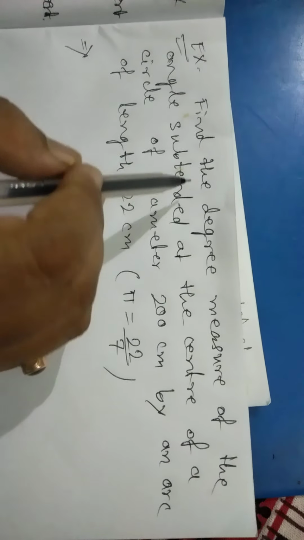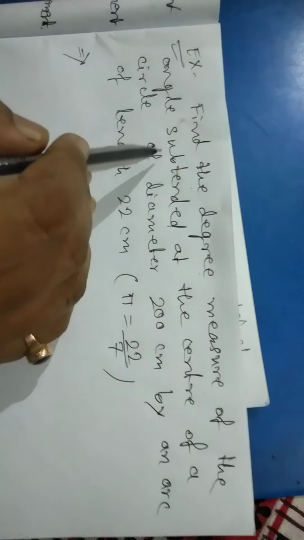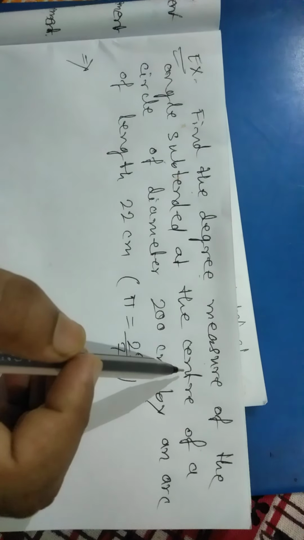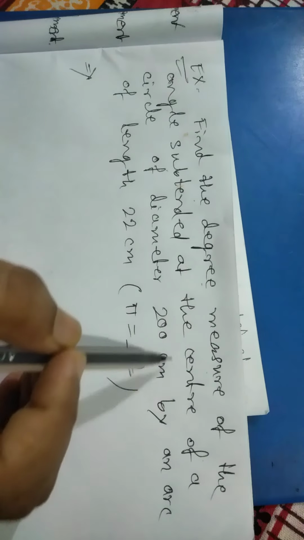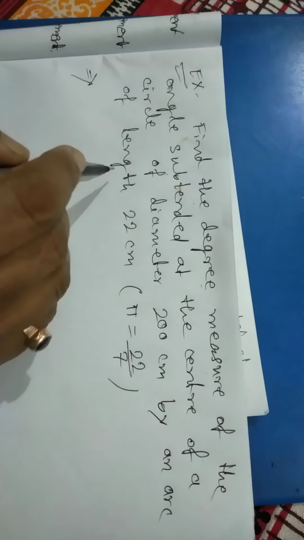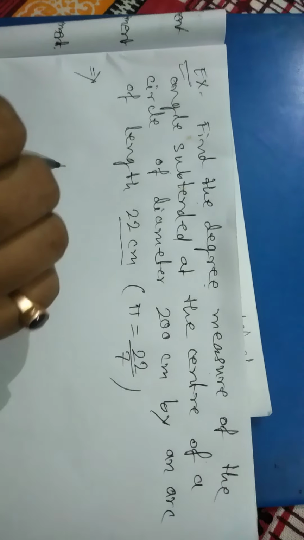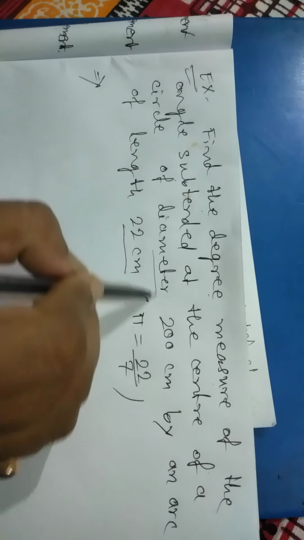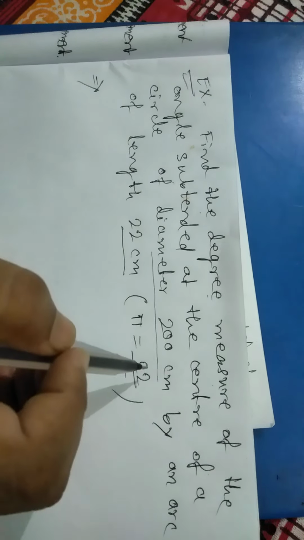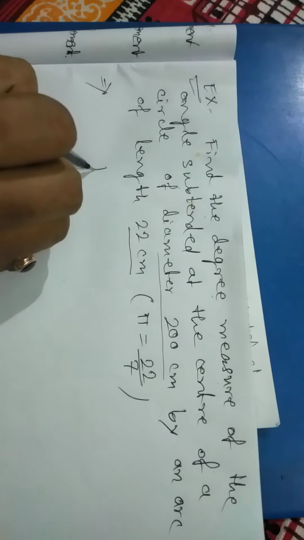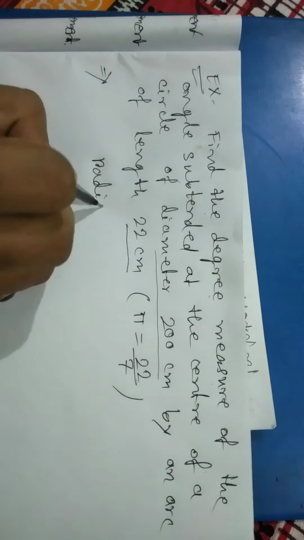Now one more sum for you. You have to find the degree measure of the angle which is subtended at the center by the arc whose length is given as 22 centimeter, where the diameter of the circle is given as 200 centimeter. So diameter is given, so from this we can find the radius.